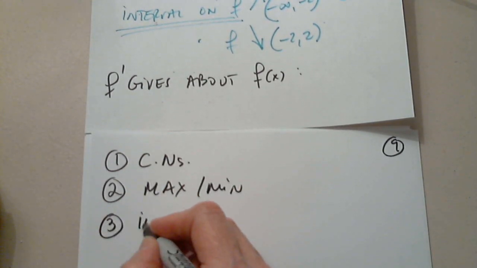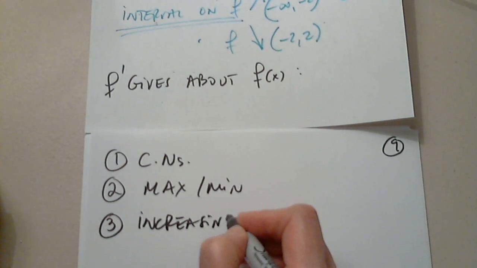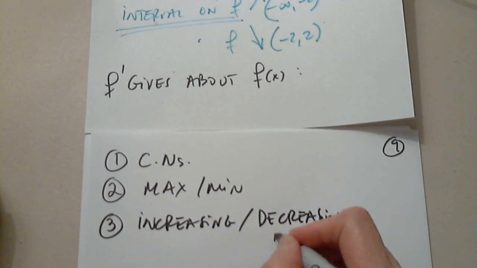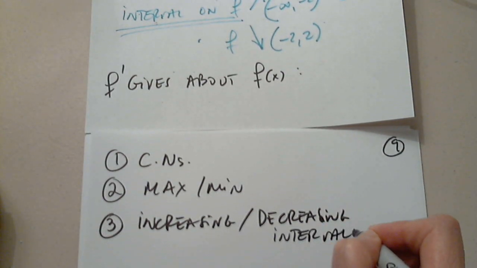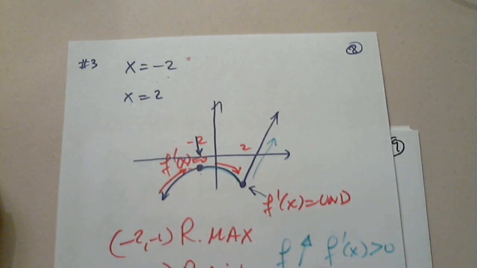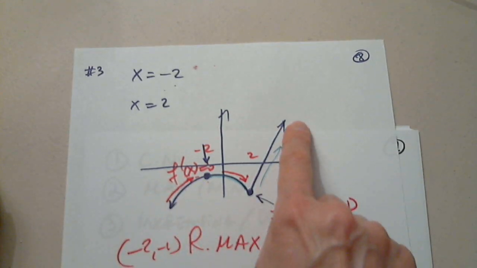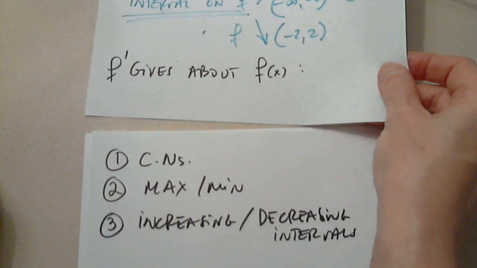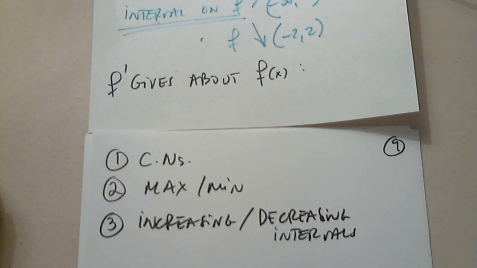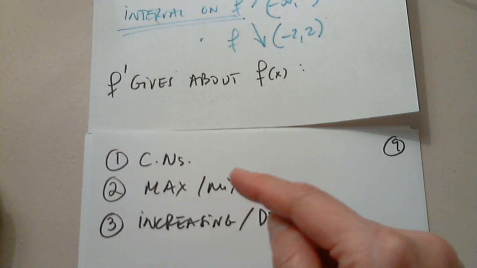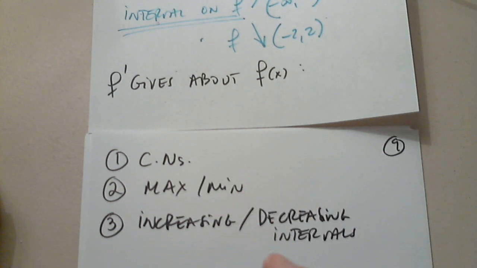Number three, increasing, decreasing intervals. So this is what we learn. Studying the first derivative, we learn critical numbers, we know where the function has a max, min, and we know where the function is increasing or decreasing.